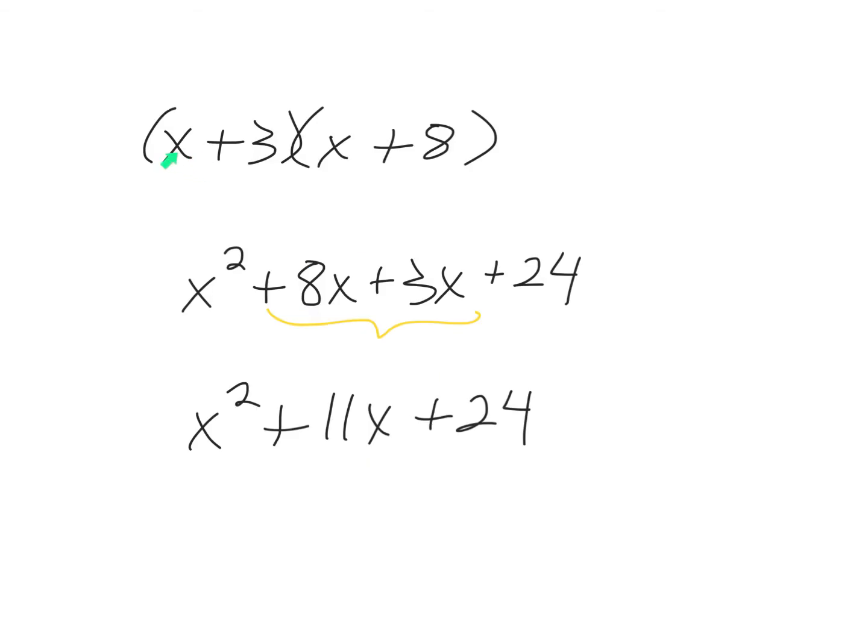Well, let's think about our previous lesson. When we multiplied this binomial times this binomial, and we used our distributive property, again, just as a quick review, we do x times x and then x times 8, and then we did the 3 times x and the 3 times 8, okay? Well, when we did that, we ended up with these terms, and we combined the two middle terms, or the like terms, and we ended up with x squared plus 11x plus 24.